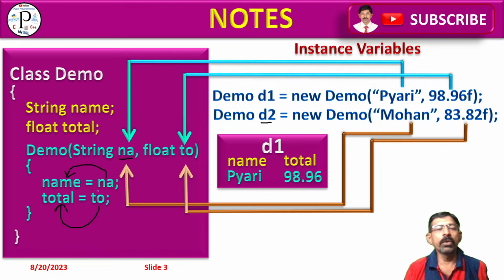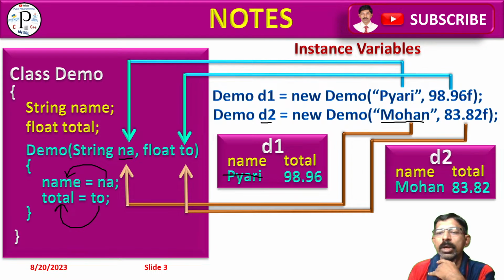But if it gave the same copy, then it would overwrite Pyari with Mohan. Got it? Because it is creating one more copy over here, that's why in that particular copy it is storing Mohan.